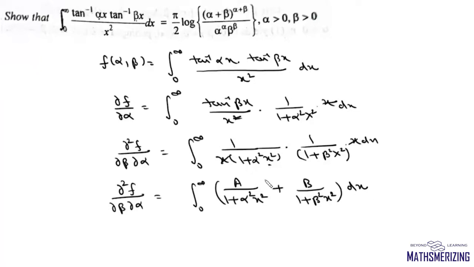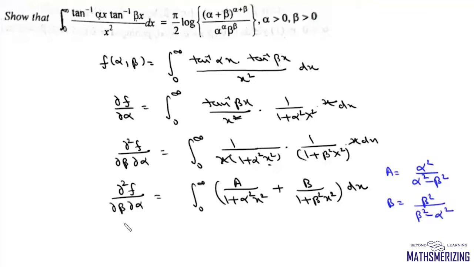Now for a, we'll put x as minus 1 upon alpha square. Value of a will be alpha square upon alpha square minus beta square. In the same way, value of b will be beta square upon beta square minus alpha square.